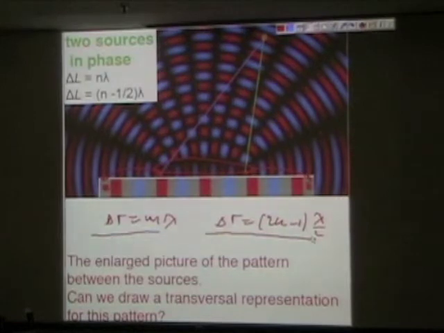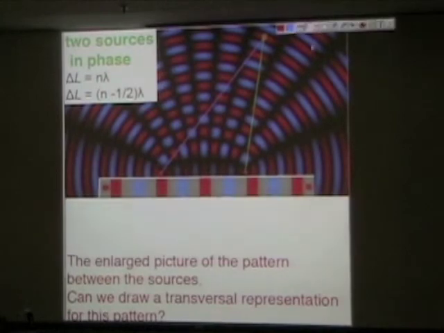So when two sources are in phase, that means right in the middle between the sources, we always, no matter what, must have what? Maximum or minimum? This is my question.